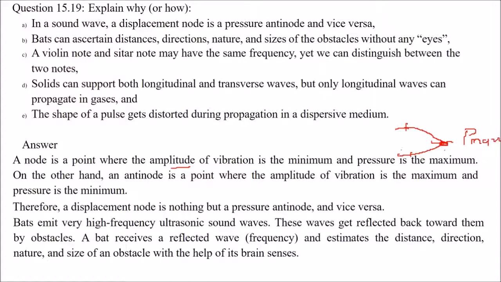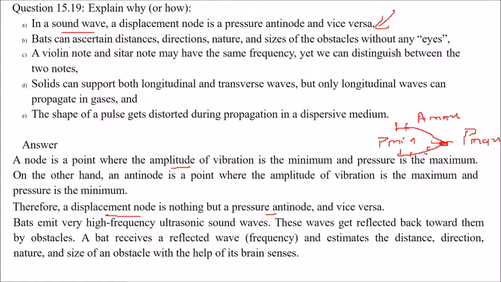At the antinode, the amplitude of vibration is maximum, A is max here, and P is minimum. That is why in a sound wave, a displacement node is a pressure antinode and vice versa. This is the first explanation.